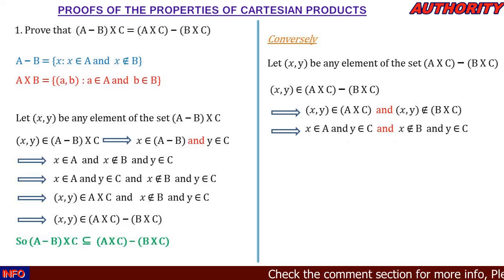Now let's go. Where are we going? Our destination is A difference B cross C. So we are going to bring A and B together.